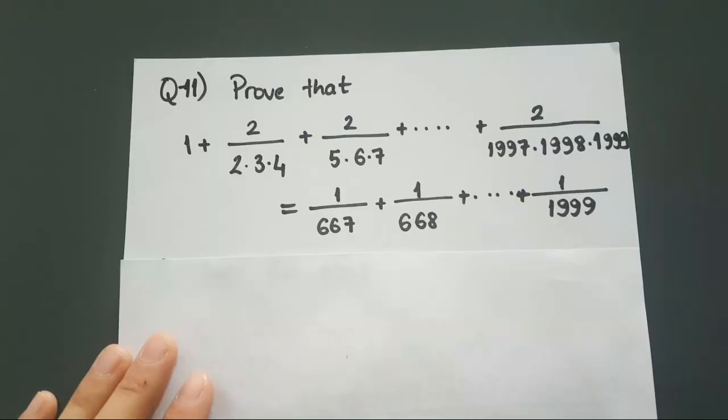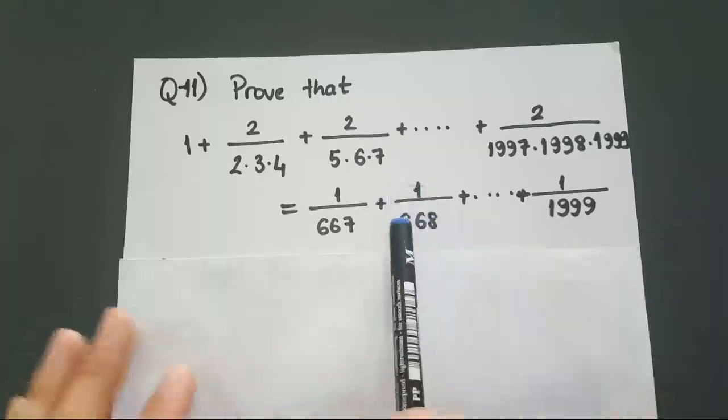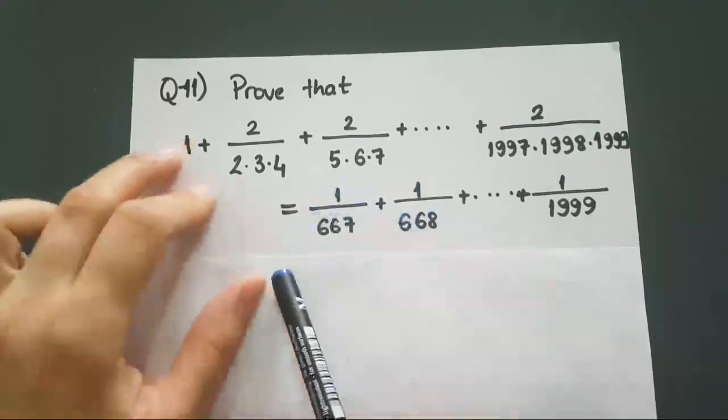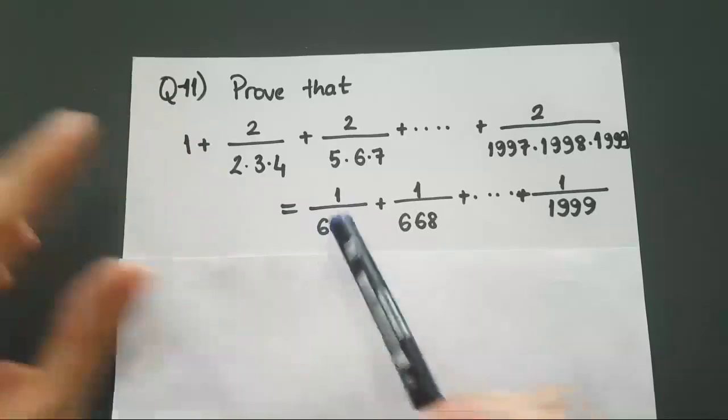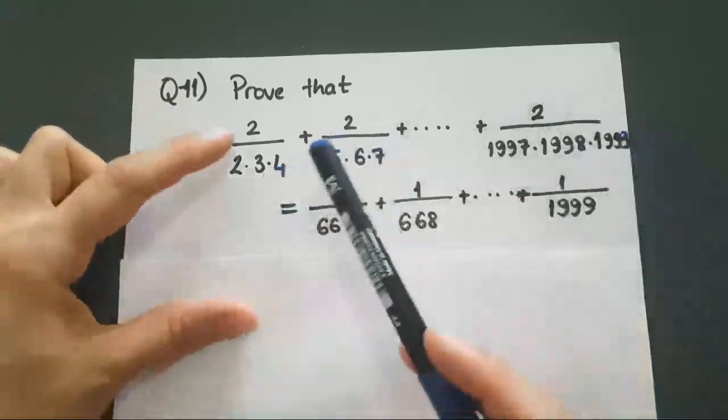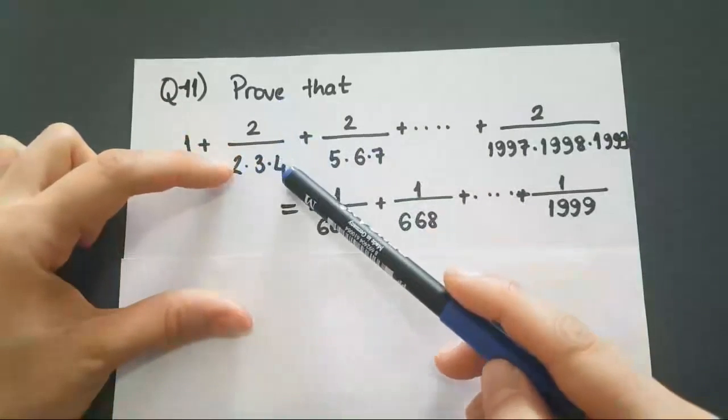Prove it. How to prove it? If we check the left side of the equation, the first term is 1, and then I'll try to find the general term for this sum. 2 over 2 times 3 times 4.